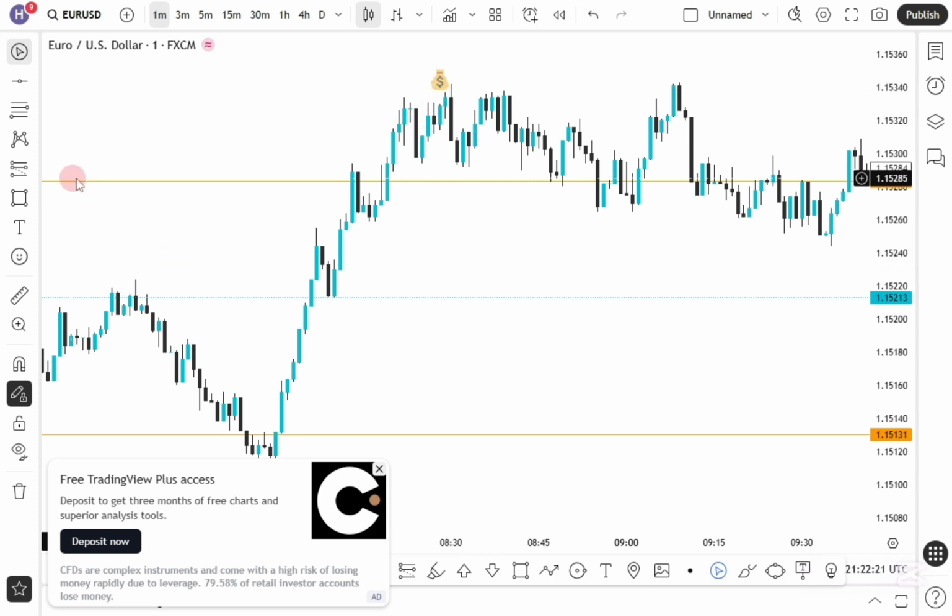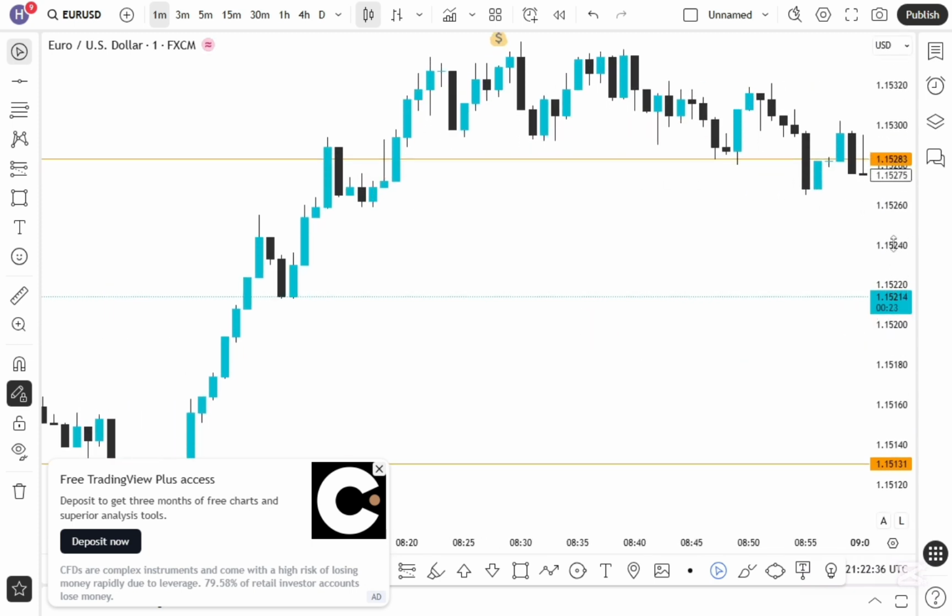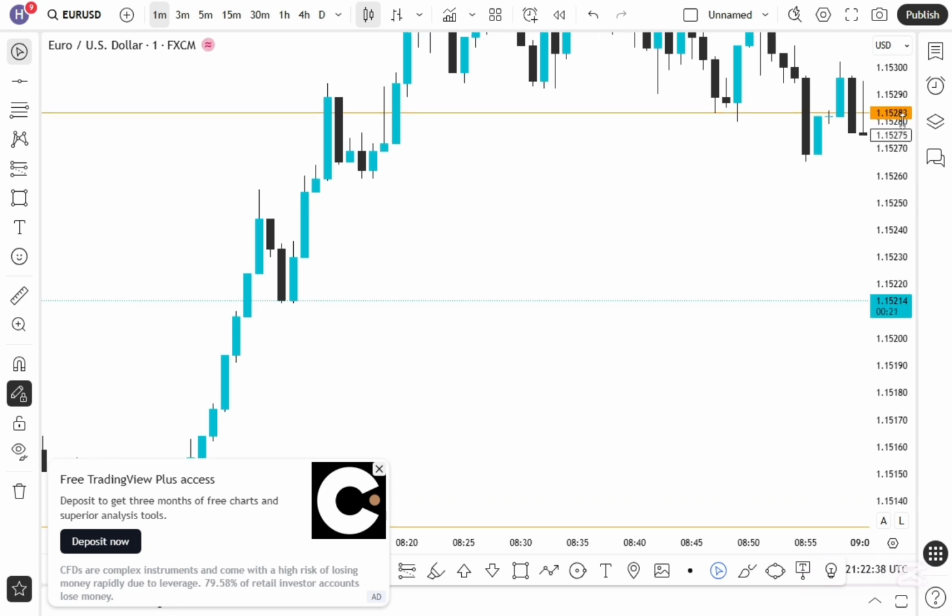Now, this candlestick here is the one that swept out this liquidity. This candlestick here swept out the liquidity. Let me zoom in so that we have a clearer picture of what we are doing.